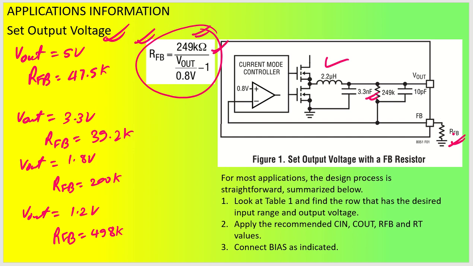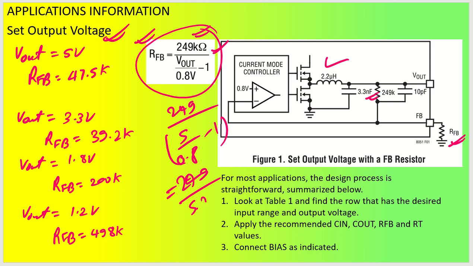Suppose I want to set it to 5 volt. Then it is 249 divided by (5 divided by 0.8, minus 1), so that is 6.25 minus 1, which is 5.25. This gives you about 47.4 kilo ohm, so 47.5 kilo ohm will be the best choice for setting the output to 5 volt.